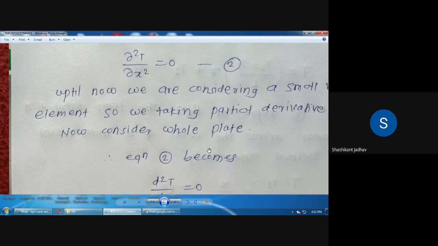And what is the remaining term? That is ∂²T/∂x² is equal to 0, and that equation is nothing but equation number 2.